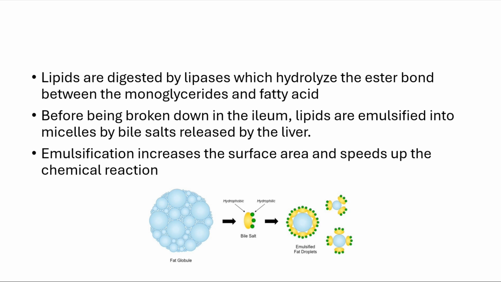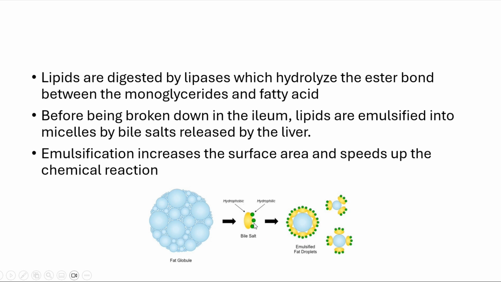Before being broken down in the ileum, lipids are emulsified into micelles by bile salts released in the liver. Micelles are like little bubbles of fat basically, and that's called emulsification. This emulsification increases the surface area and speeds up the chemical reaction. So you have a piece of fat like that, and it will come to the bile salt because fats are hydrophobic in a way. They're lipid soluble, obviously, they're lipids themselves, so they're not going to mix with water.